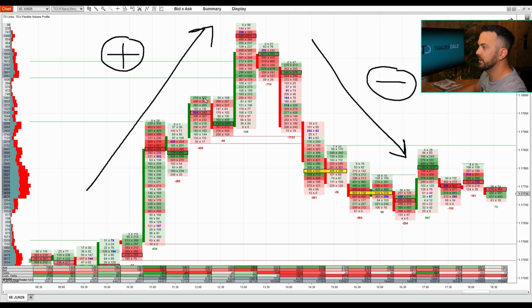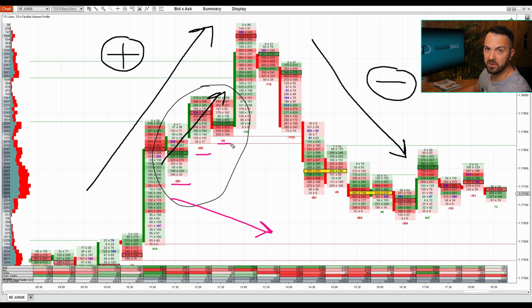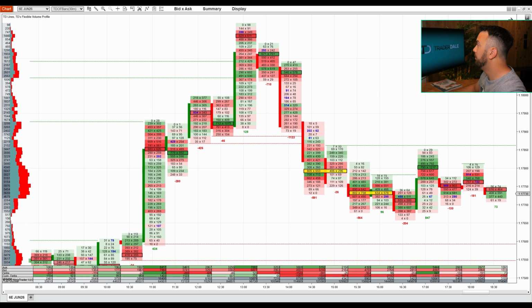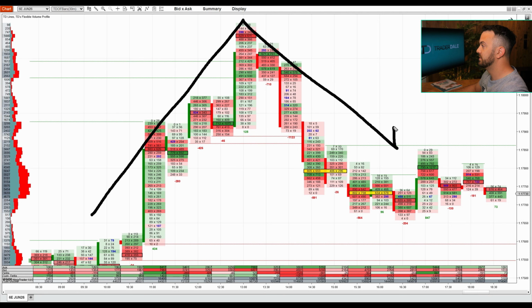Like, for example, here in this area where the price was rising, but the delta was negative, right? Negative delta. That's kind of weird because price is going up, but sellers are dominating. So this tells you that something fishy is going on and that the price might just turn from uptrend to downtrend because price follows delta.